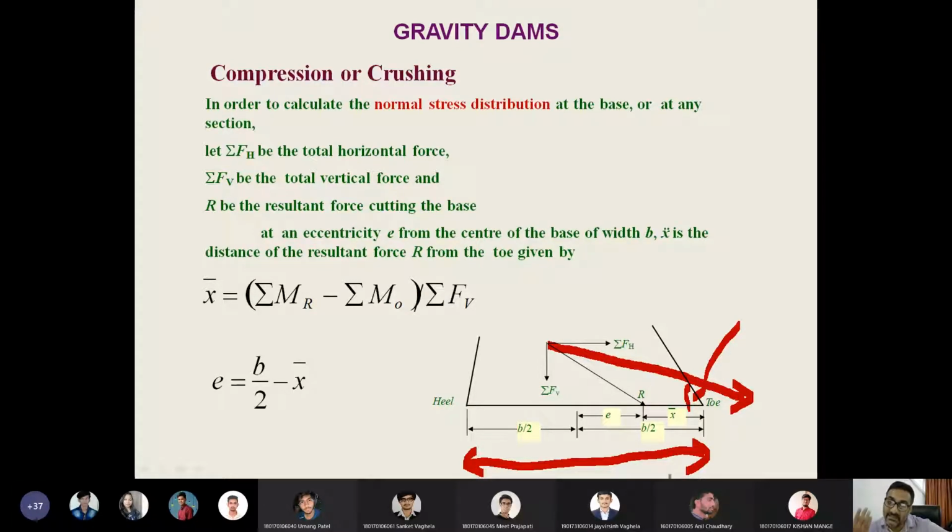So if your height is 100 meters, then you will see that this base width is around 70 to 80 meters. This is a thumb rule. I'm talking about gravity dams, not the arch dams, only the gravity dams. So once this base breadth is reduced, the concentration of these forces and stresses becomes more, and failure is inevitable.